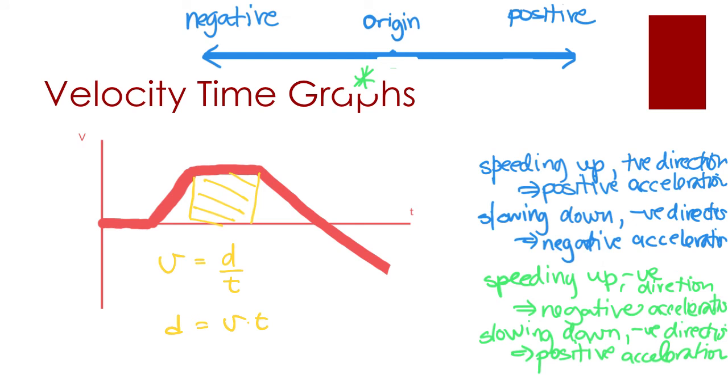Now, notice what I've marked on the diagram. This is my time, and this height is my speed. So, in fact, if I want to get that, that's the area of the rectangle that I've just shown. And that's really how I get distance from my velocity time graphs.